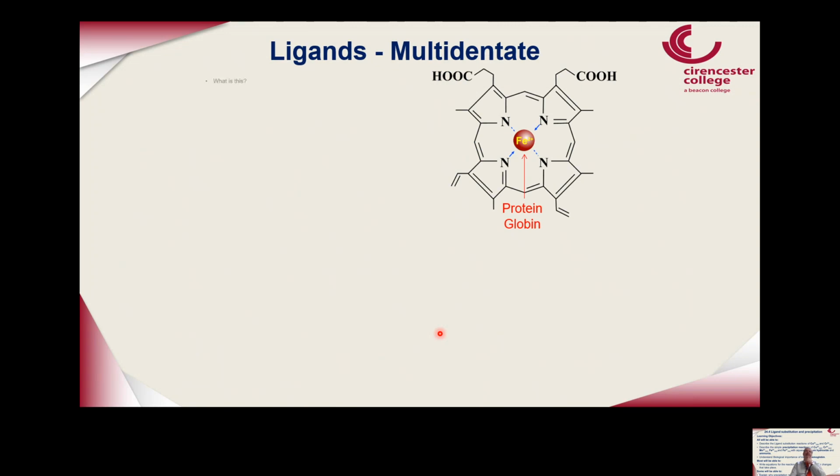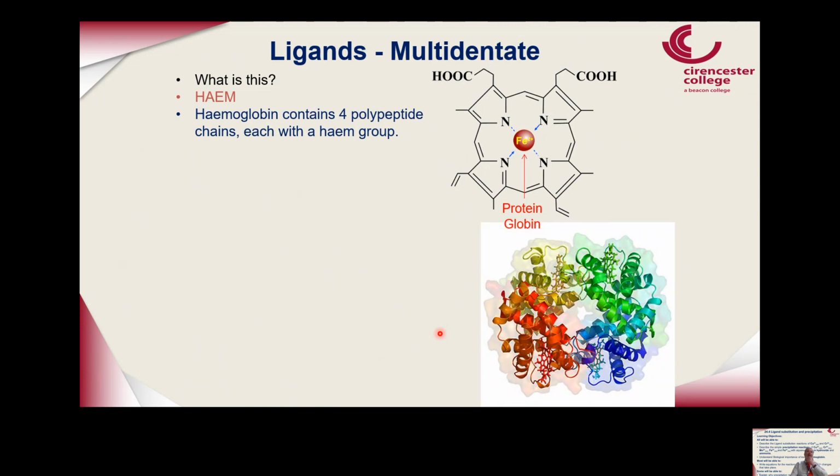So we have multidentate ligands like hemoglobin. 4 polypeptide chains, each with a heme group on them. So hemoglobin has got 4 of those, and they can pick up oxygen. There's a representation of the protein. So what does it do? Transports oxygen.